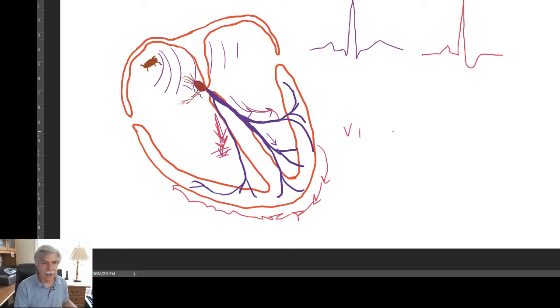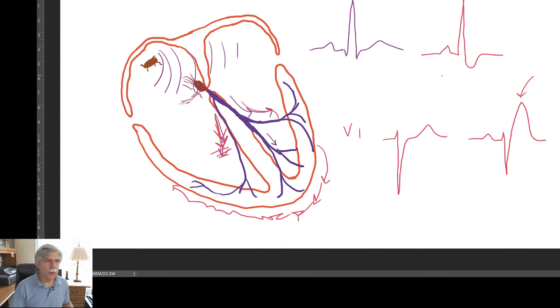And in V1, instead of seeing a little R and a nice deep S wave and a narrow QRS, what you see is an R and sometimes a deep S and then an R prime. And this large R prime is the right ventricle depolarizing late. Okay, get it so far? Right? Basic stuff.